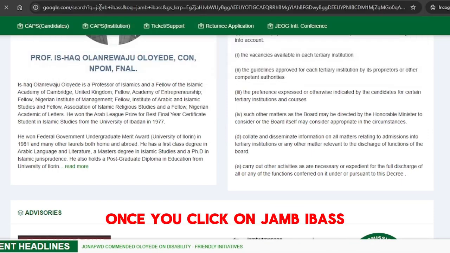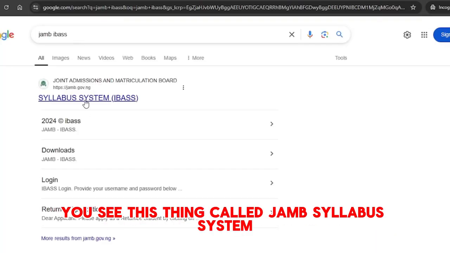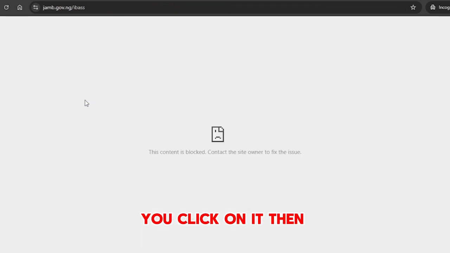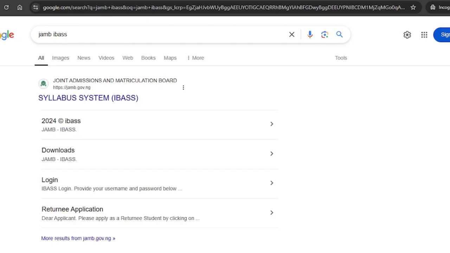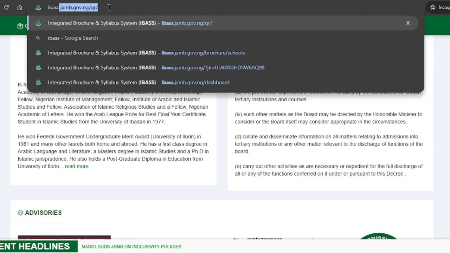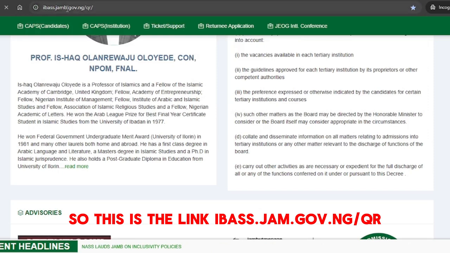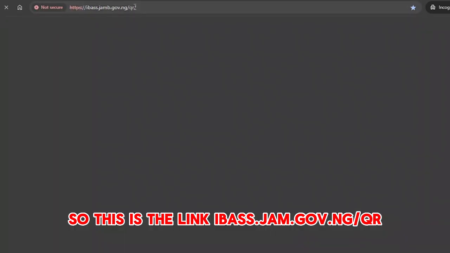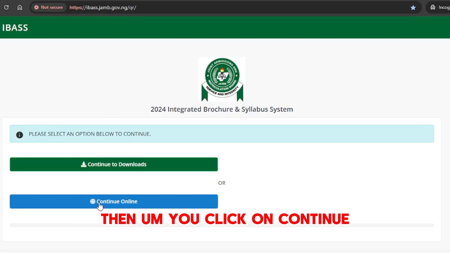Once you click on JAMB IBAS, you see this thing called JAMB syllabus system. You click on it, though this is not working fine at this period. Let me check again. So this is the link, ibas.jamb.gov.ng/kr. Then you click on continue.